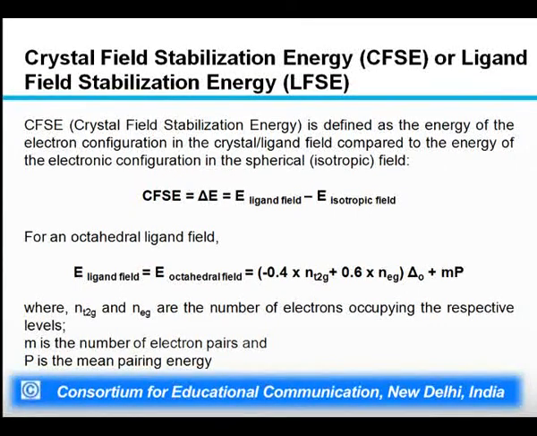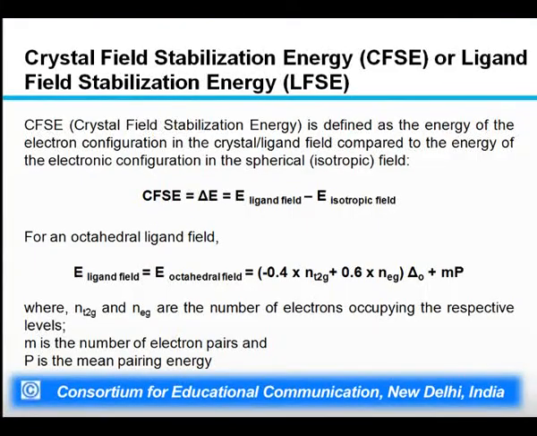So, CFSE is equal to delta E, which is equal to E ligand field minus E isotropic field. So, if the ligand field is octahedral, every electron that enters into the Eg orbital destabilizes the system by plus 0.6 delta naught, and every electron that enters the T2G orbital stabilizes the system by minus 0.4 delta naught.